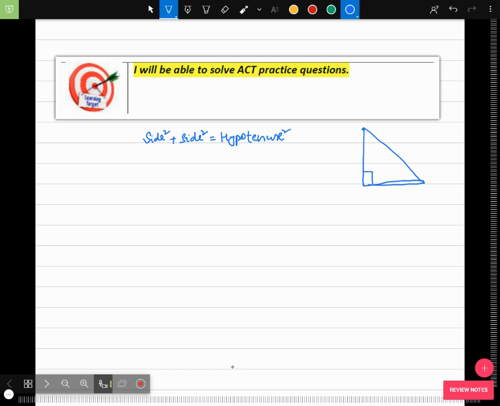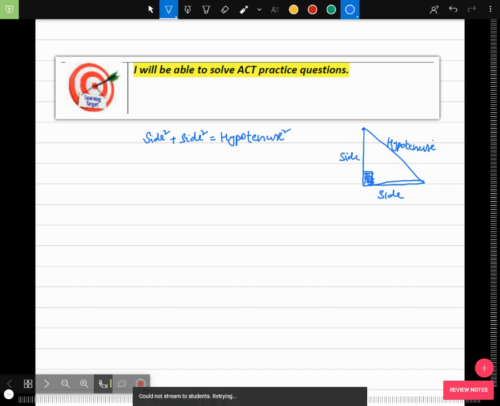You can take this as one side, this as another side, and the side opposite to 90 degrees is the hypotenuse. I believe you know what the Pythagoras theorem is. Just thought of giving a quick recap.